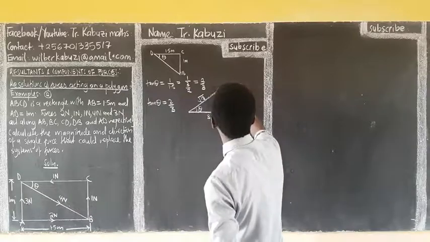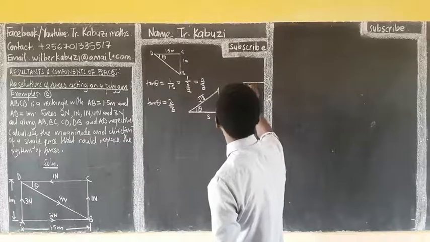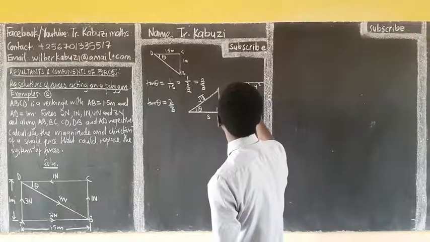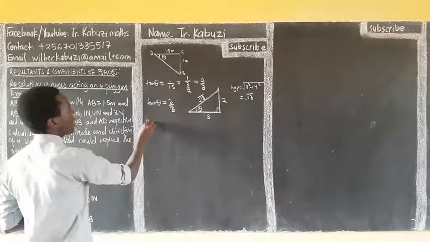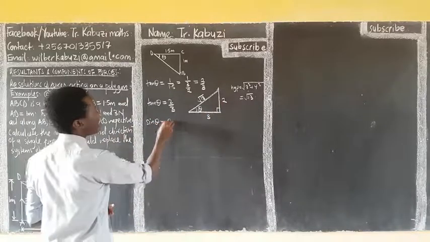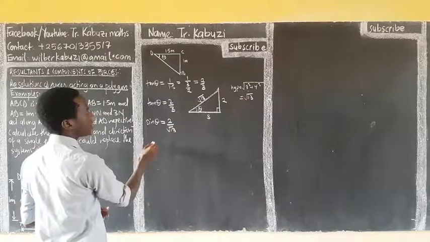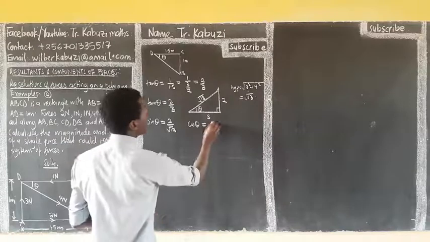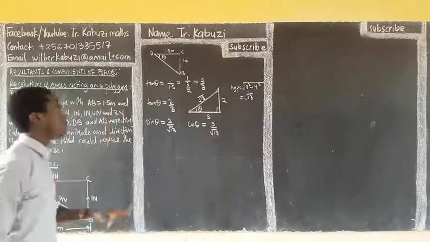The hypotenuse will be the square root of 3 squared plus 2 squared, which gives root 13 with ease. So our sine theta is opposite over hypotenuse. Then our cos theta is given by adjacent over hypotenuse. So we have got them.